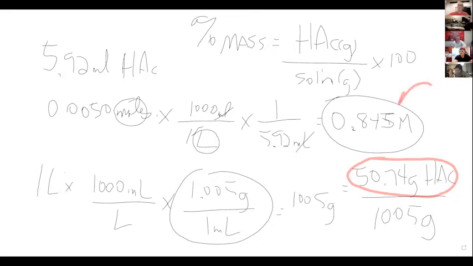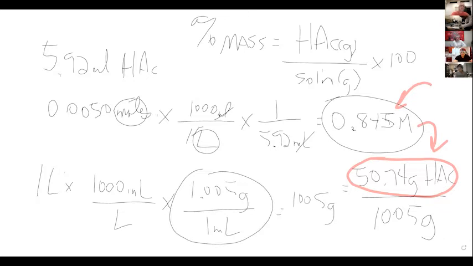Remember, once you have the molarity, that tells you moles per liter. Well, just convert that to grams per liter. There's no point going back to the 10 mL or whatever the original volume was. Make it easier on yourself. If I have moles per liter, just turn it into grams per liter. So that was equivalent to that many grams of acetic acid in 1 liter.